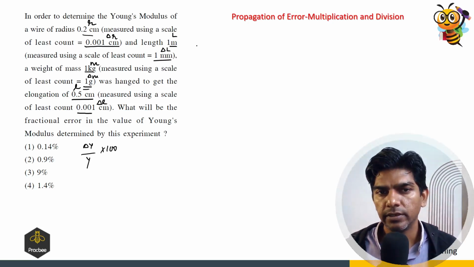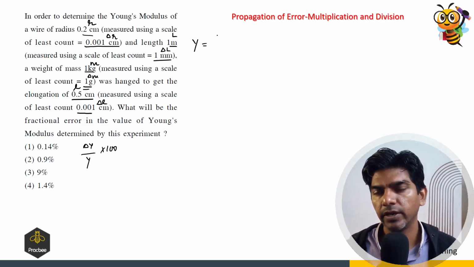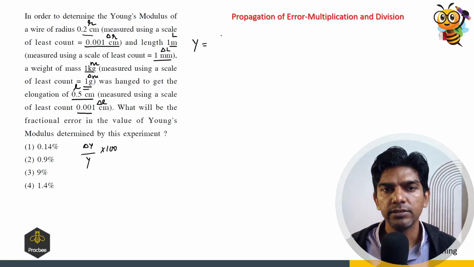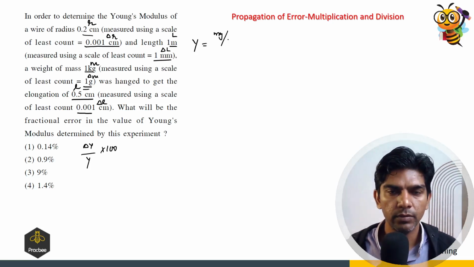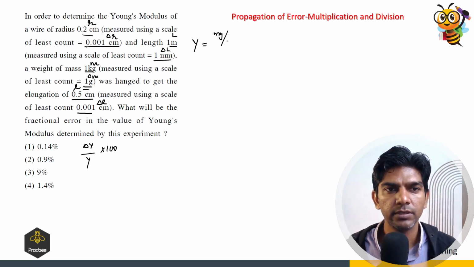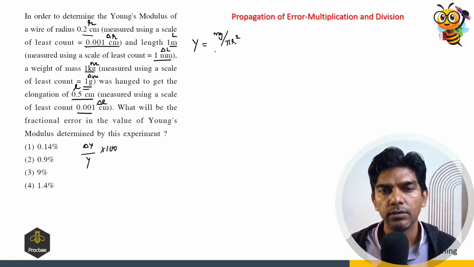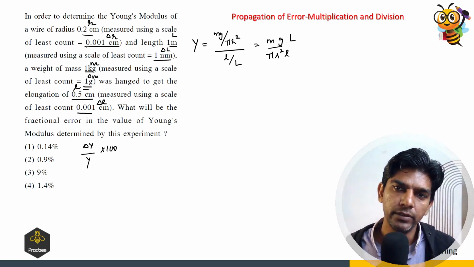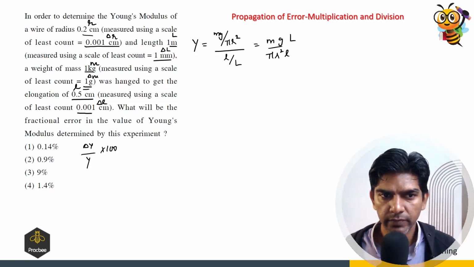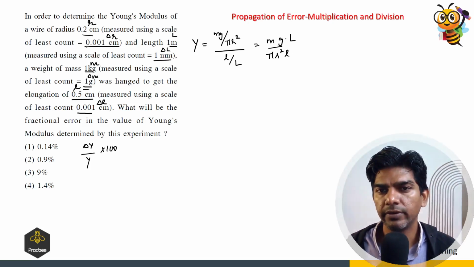So first let us write down the formula. We know that Young's modulus is defined as stress upon strain, and in this case stress will be mg by the area of cross section, which is pi r square, and the strain will be small l by capital L. So this can be written as mg divided by pi r square l times capital L. Here no information is given about acceleration due to gravity, so we can treat g to be exact.